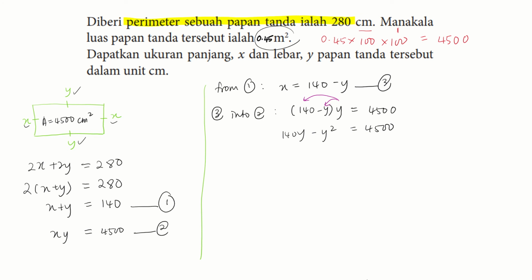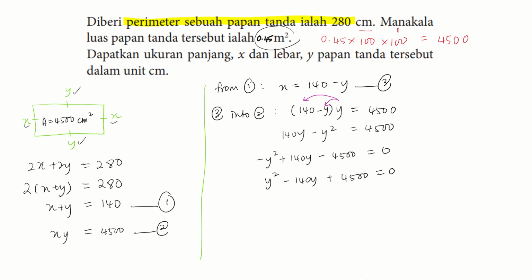So into general form, negative y square plus 140y minus 4500 equals 0. So let's change the sign here. y square minus 140y plus 4500 equals 0.